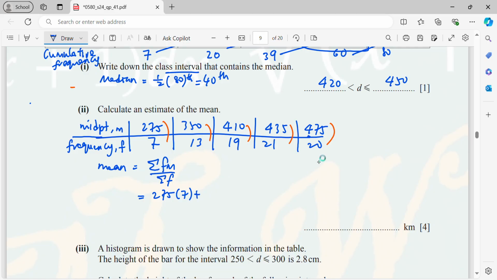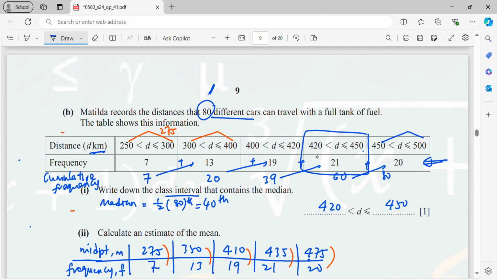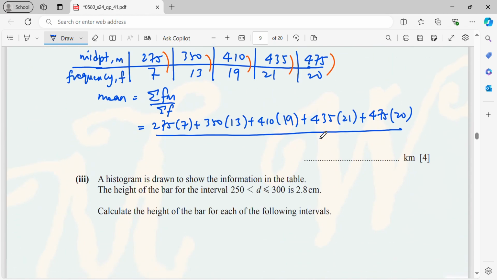So just multiply, then divide by the total F, which is the number of cars, that is 80.